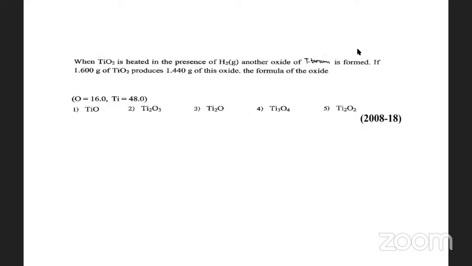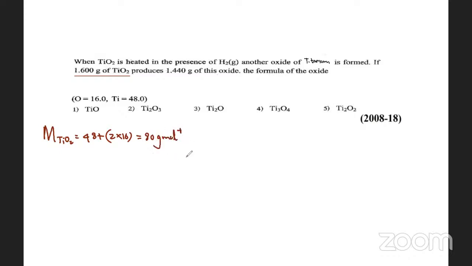Right, okay. Now first of all, look at the information provided to us. 1.6 grams of titanium dioxide. They have given the mass of titanium dioxide. So using that, we can find out the number of moles of titanium dioxide. How is that? First of all, molar mass of titanium dioxide, that is 48 plus 2 into 16. That is 80 grams per mole.